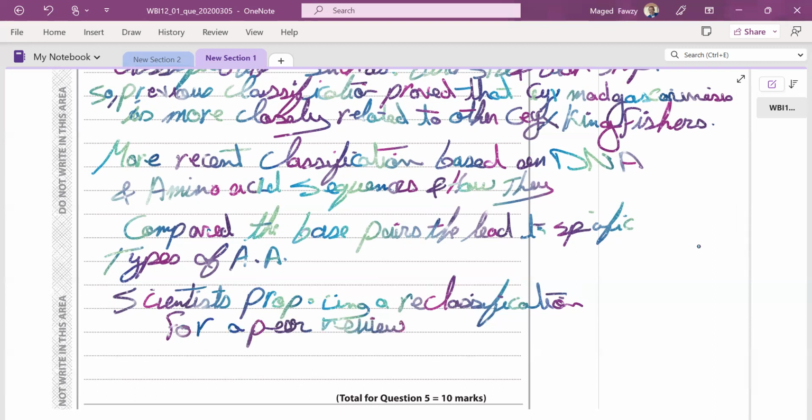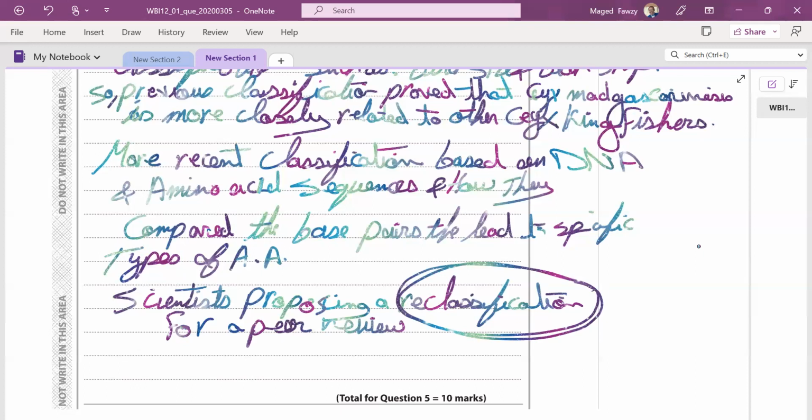Any time it mentions that there is a kind of research or proposal or idea we need to implement, we should write this point. It's extremely important. They should propose the idea or the system that they want to release for a peer review.